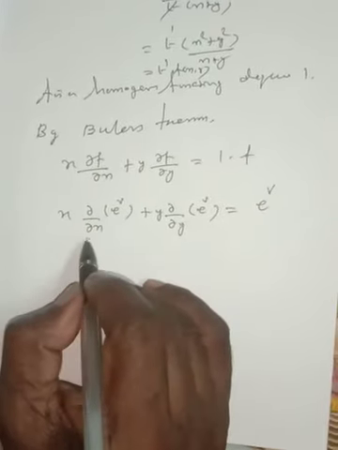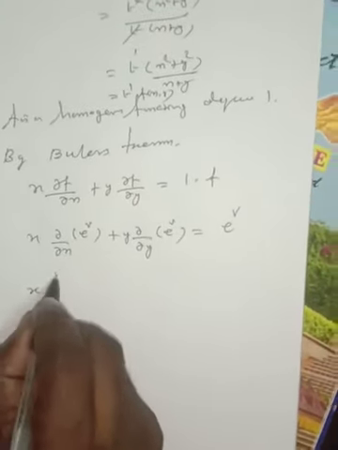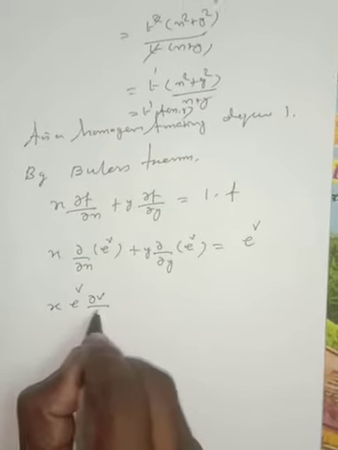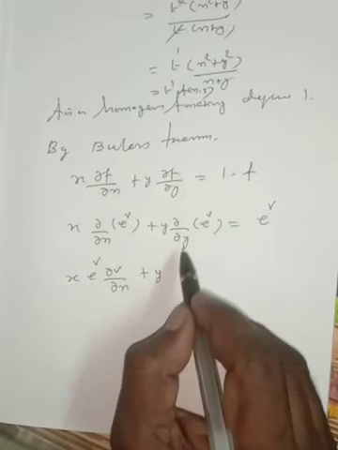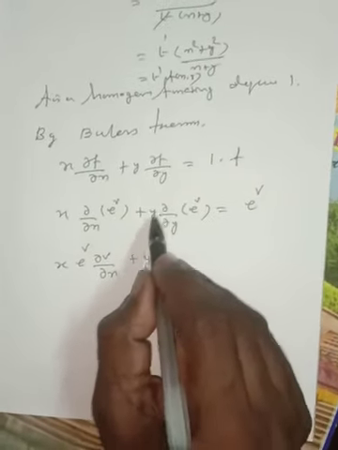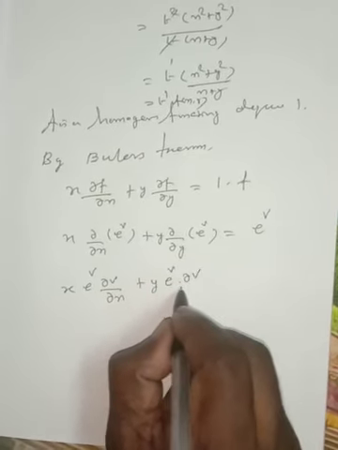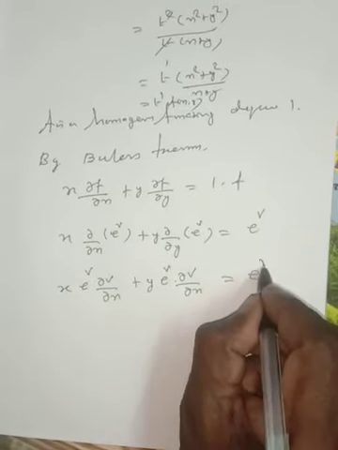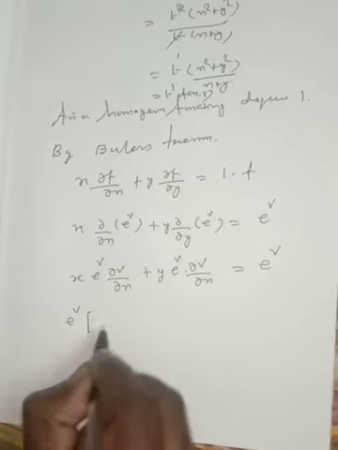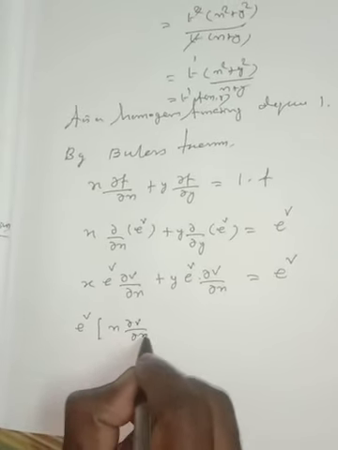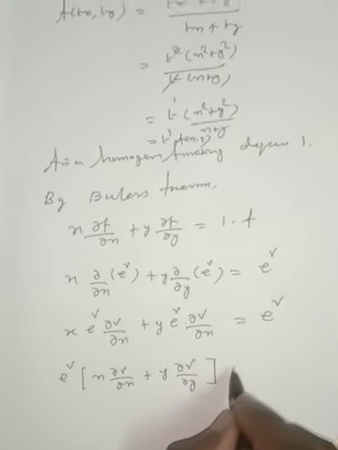Differentiate e to the power of v with respect to x means e to the power of v into dou v by dou x. Therefore x e to the power of v dou v by dou x plus y into, differentiating e to the power of v with respect to y, e to the power of v into dou v by dou y, is equal to e to the power of v. Taking e to the power of v common on the left hand side, e to the power of v times x dou v by dou x plus y dou v by dou y is equal to e to the power of v.